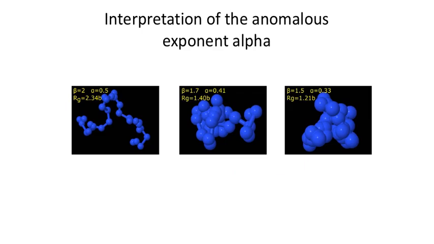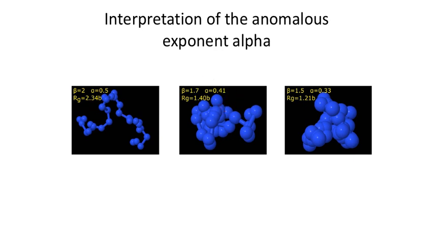So another possibility discussed in the review is to have an interpretation of the anomalous exponent alpha. And so this is an example through the beta polymer model where alpha varies from 0.5, which is classical Rouse, and decreases to 0.4 or 0.3.